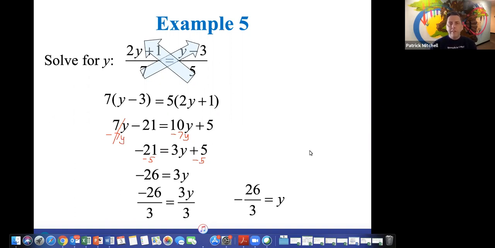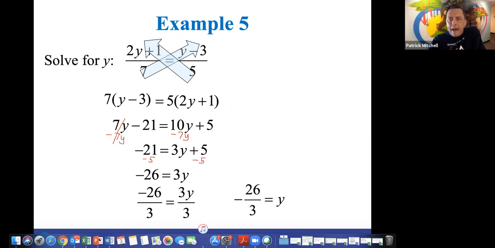Remember that equations can always be checked. This one would be kind of a pain to check. So I'll let you in on a little secret. If you don't want to deal with that fraction, negative 26 thirds, you can ask your calculator to give you an approximate value for negative 26 thirds, which would be about negative 8.67.